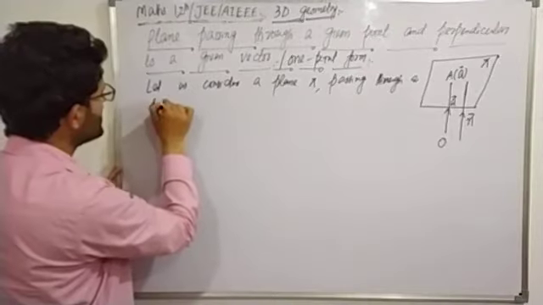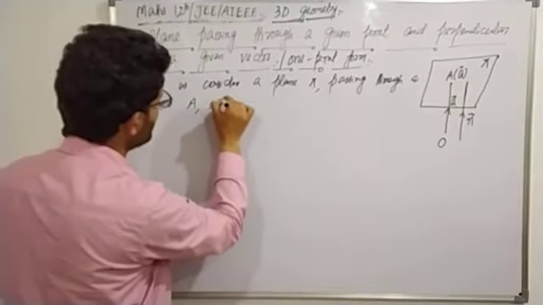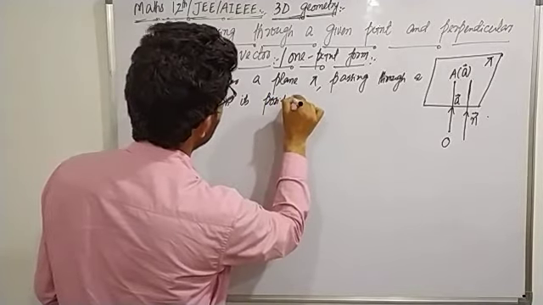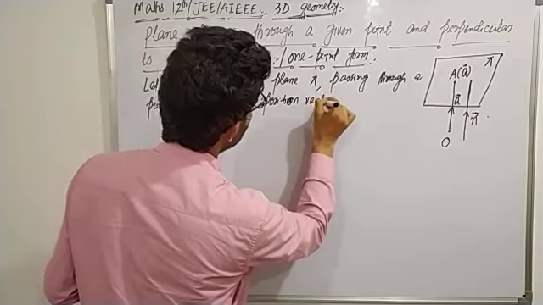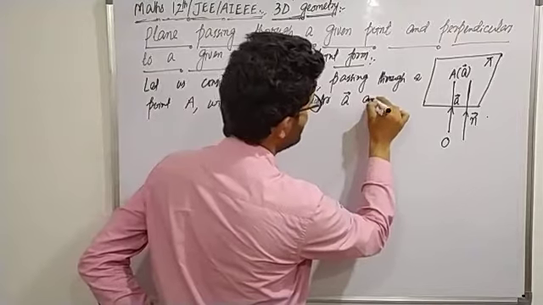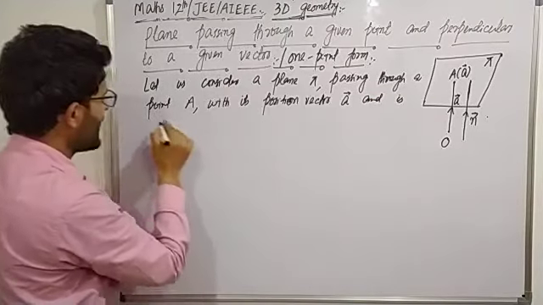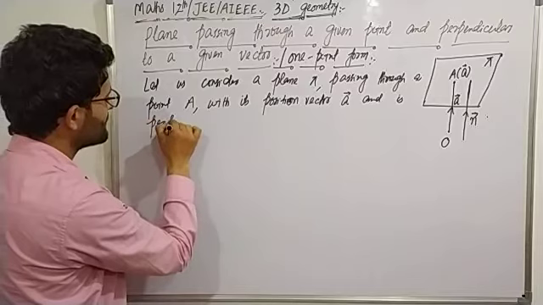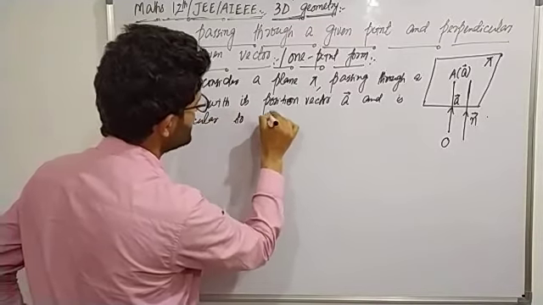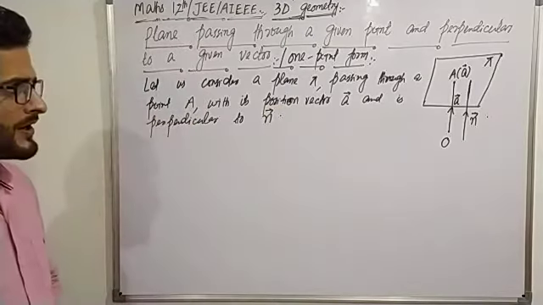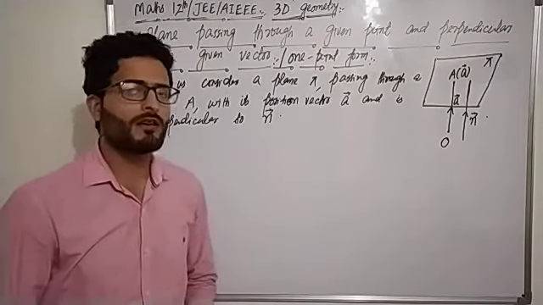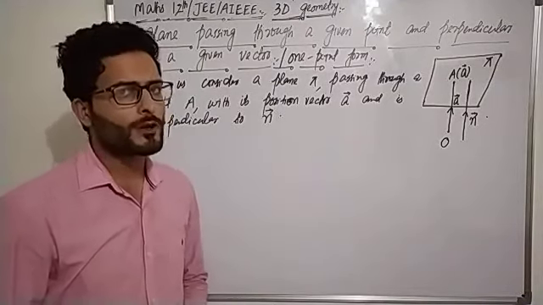Which point is it passing through? A, with its position vector as small a vector, and is perpendicular to the vector that is n vector, right? Since that plane is passing through a single point, that is why this can be regarded as the one point form of equation of a plane.